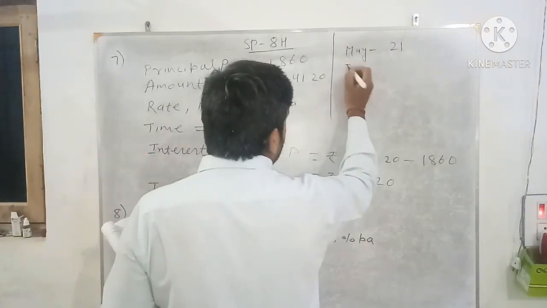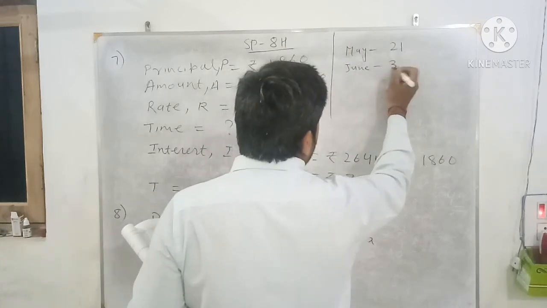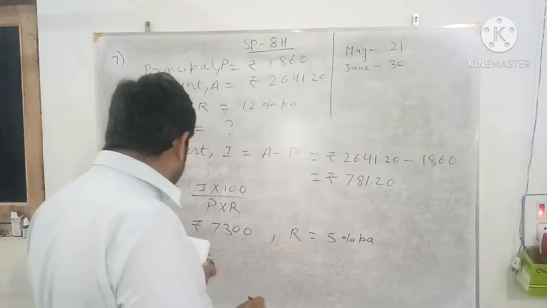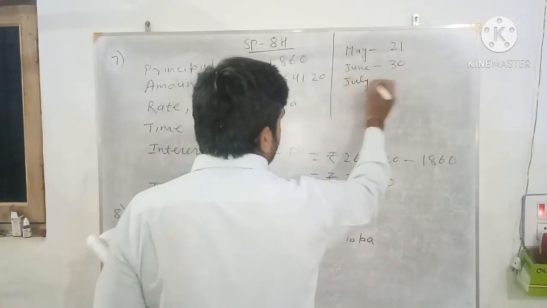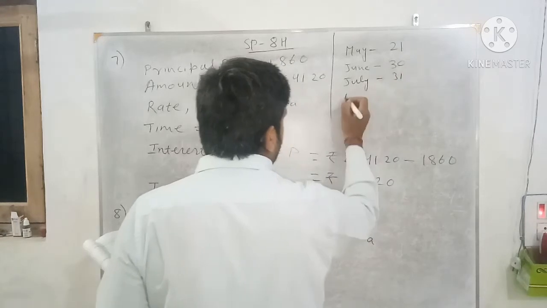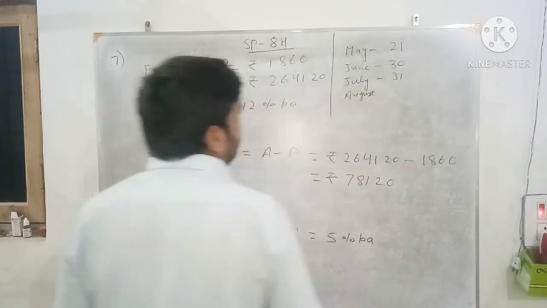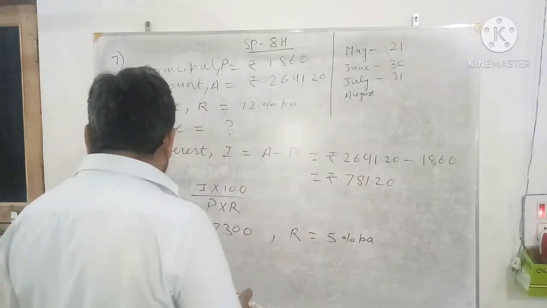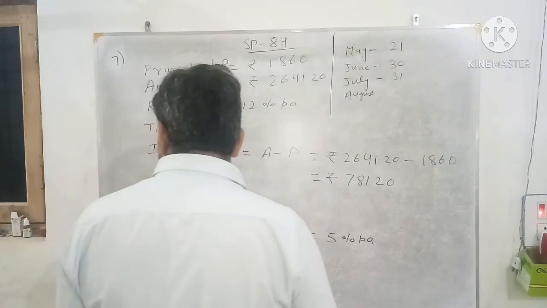Now next is June. June has 30 days. July is 31 days.